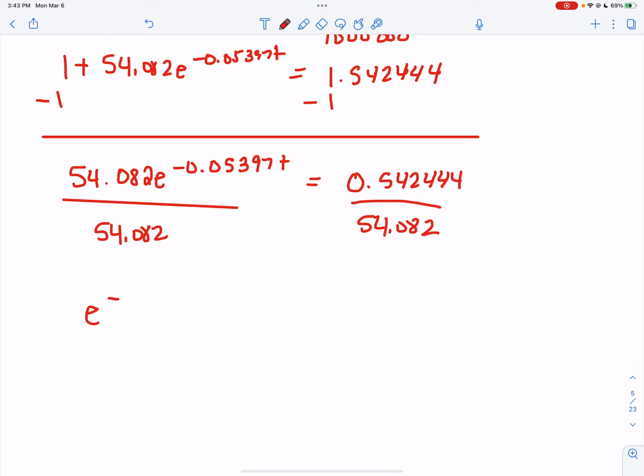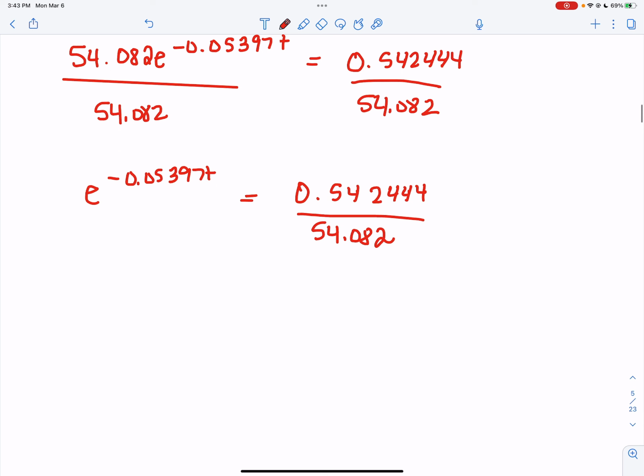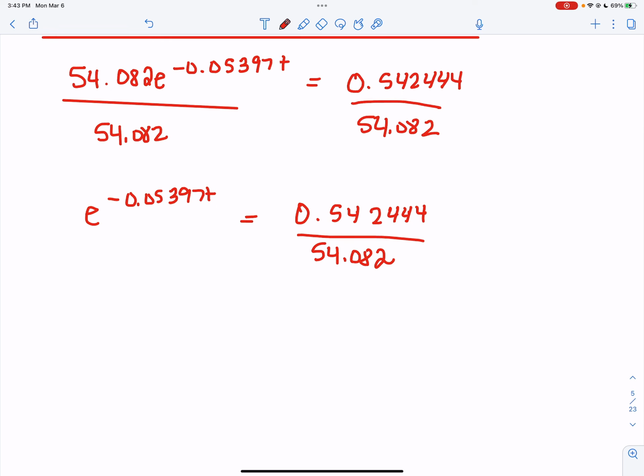I have e to the negative 0.05397t is equal to 0.542444 over 54.082. The inverse of an e is ln, so e's and ln's will cancel out.